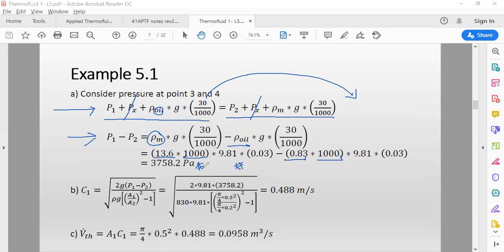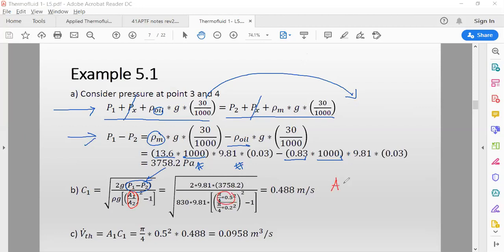Once we have the pressure difference, as I told you just now, we just have to sub into our formula here, P1 minus P2. The rest can also be subbed in. Another thing to take note of is your cross-sectional area.